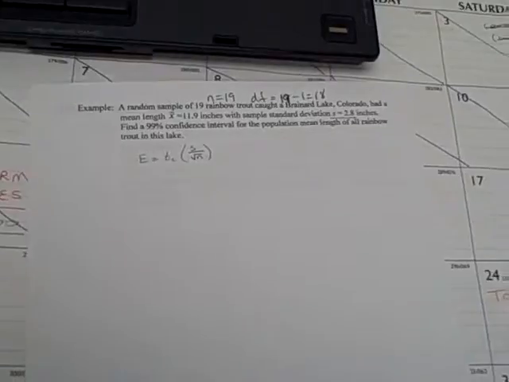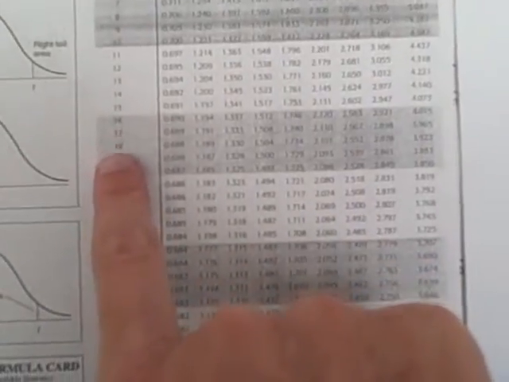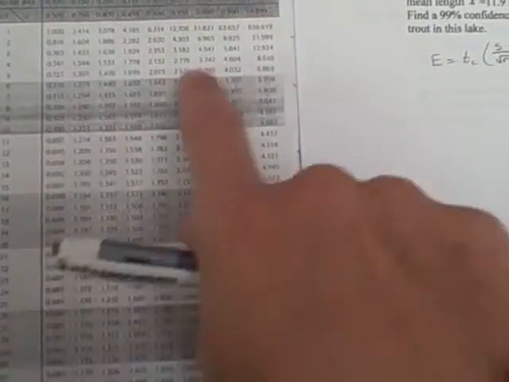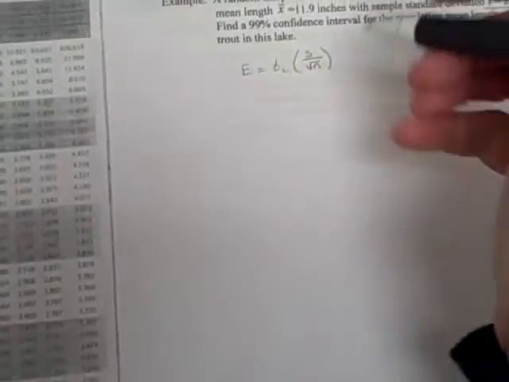So on my t table, I'm going to go degrees of freedom down to 18, and then I want 99%, so 0.990, 18 degrees of freedom, and we are at 2.878.